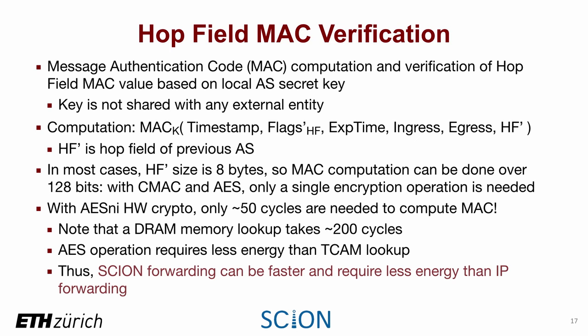Note that a single DRAM lookup, if you perform a memory lookup and assuming the information is not present in one of the processor caches, would require 200 cycles. So the entire MAC computation or verification requires a quarter of the time of a single memory lookup. And so this shows how fast this operation can be.